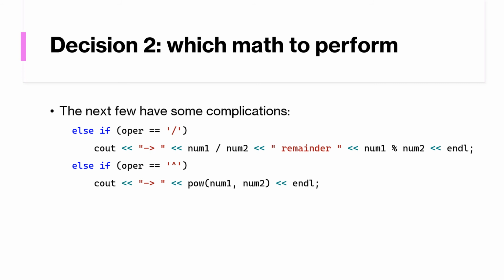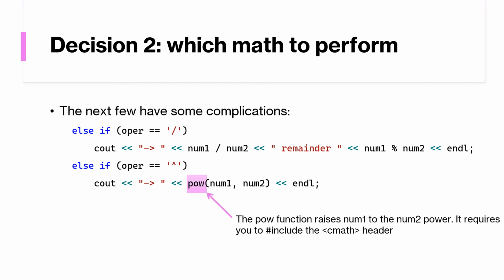They apparently thought people who wrote C programs just never needed to do exponents. So instead, you have to pull the pow function from the cmath library. Okay, that means you have to #include the cmath header, and that's going to raise num1 to the num2 power.